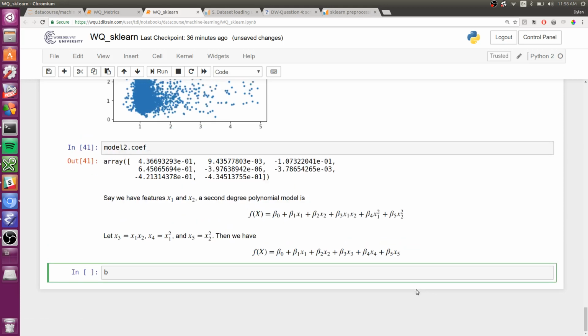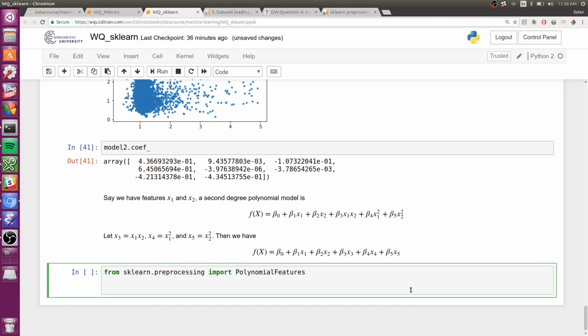So we could also, say, take our scaled features and transform them using the polynomial features transformer.